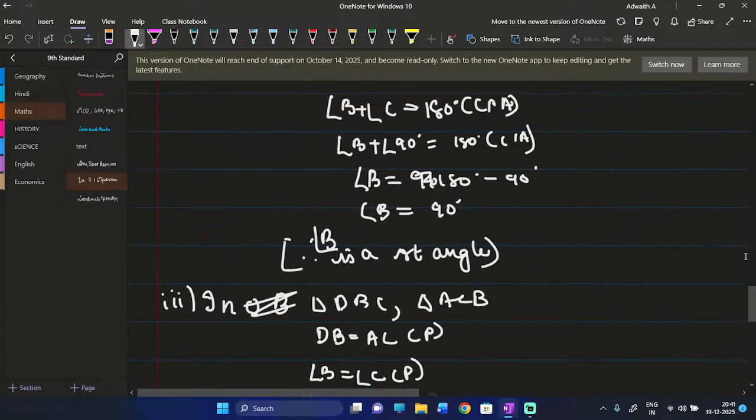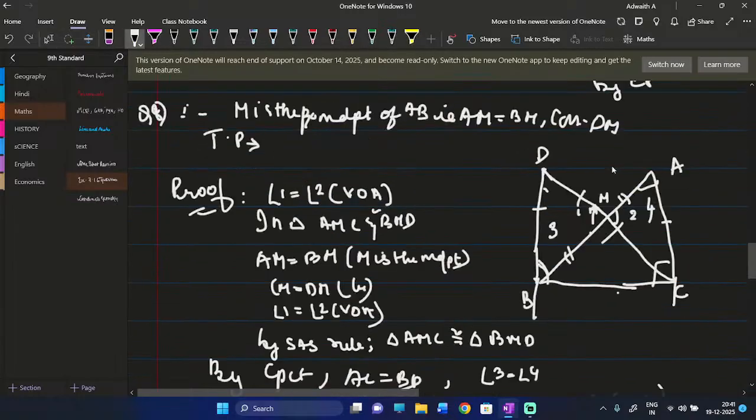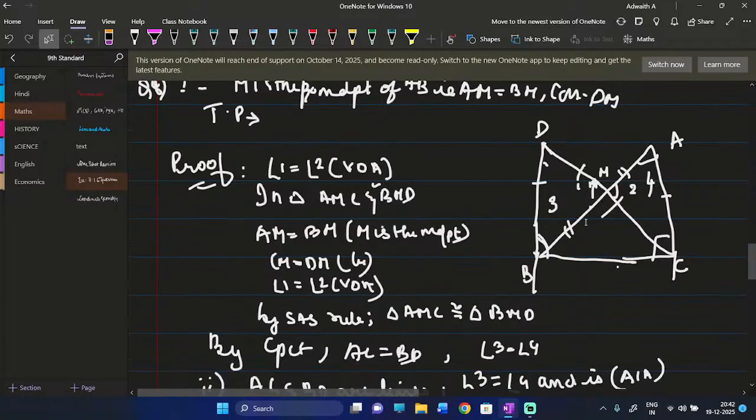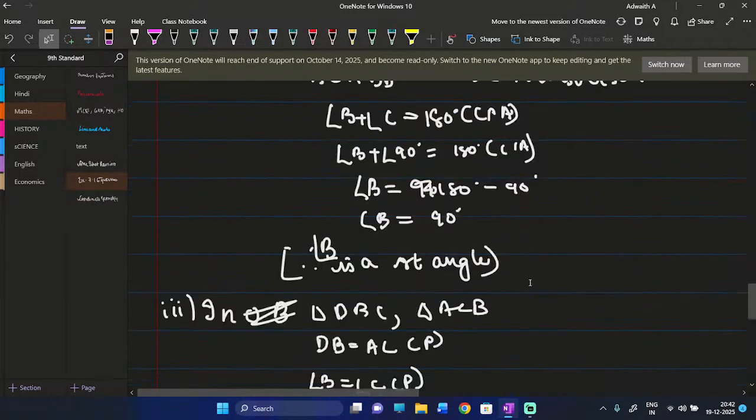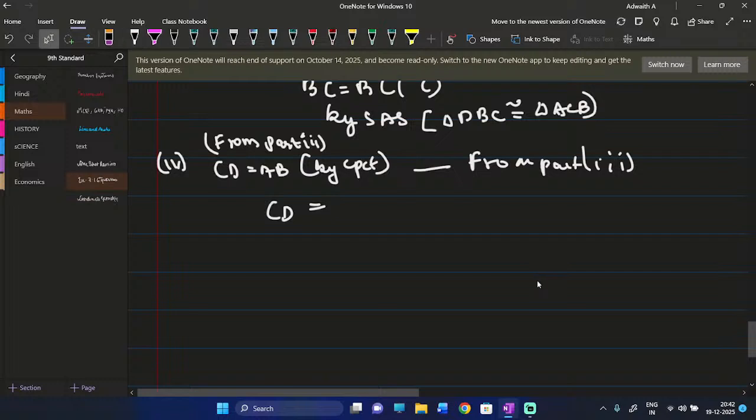So CD is equal to MD plus CM, no, MC, right? So CD is equal to 2MC or CM. So CM is equal to half AB.